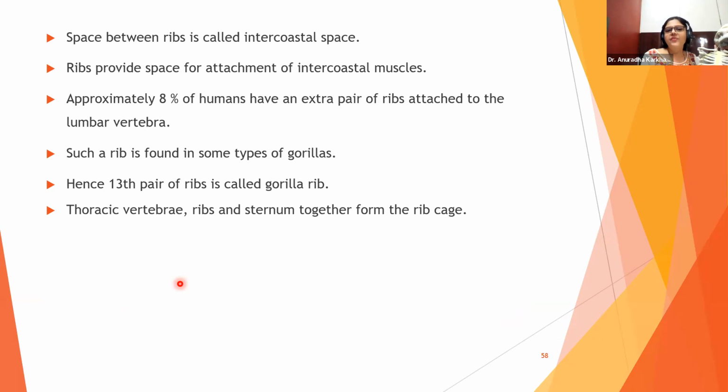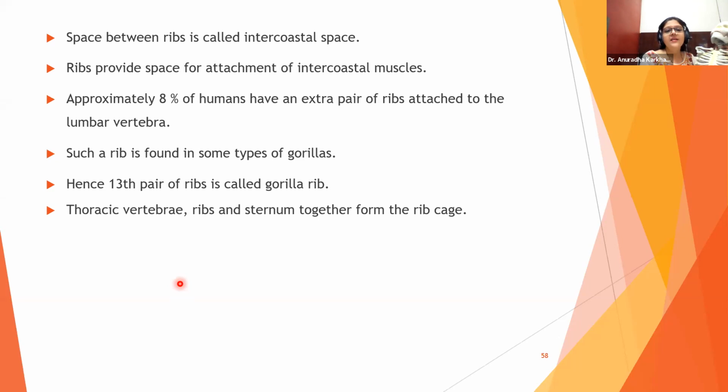Approximately 8% of the humans have an extra pair of ribs attached to the lumbar vertebrae. What is the use of it? They are required to maintain our body posture. Okay. 8% of humans have an extra pair of ribs attached to the lumbar vertebrae. Apart from your floating ribs, there is an extra pair.